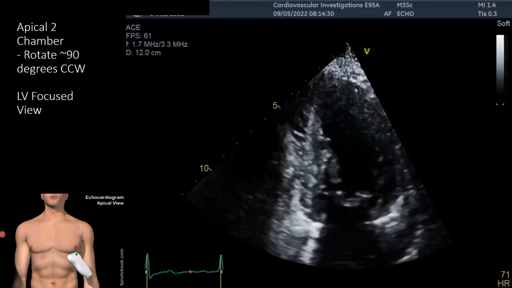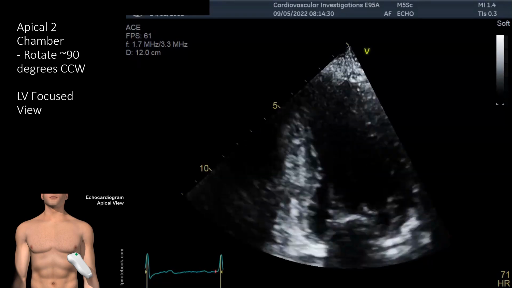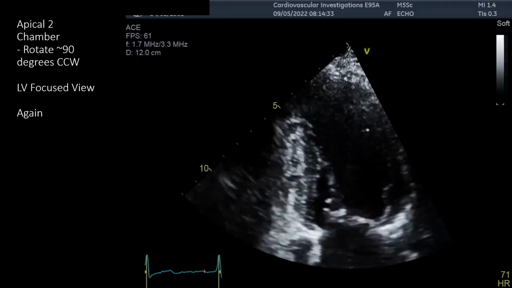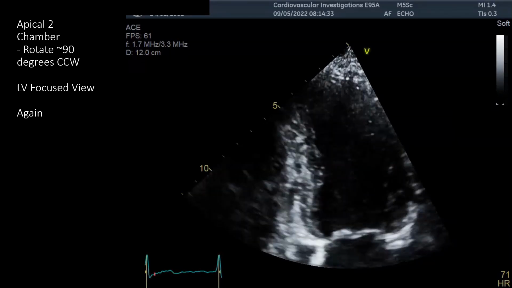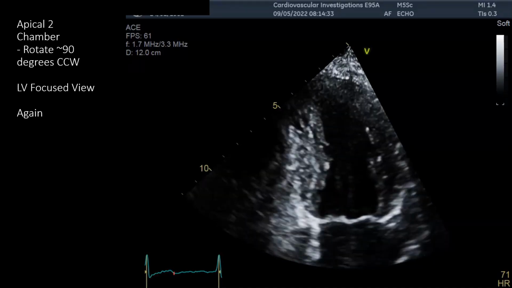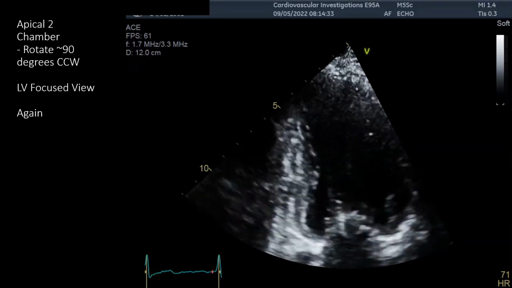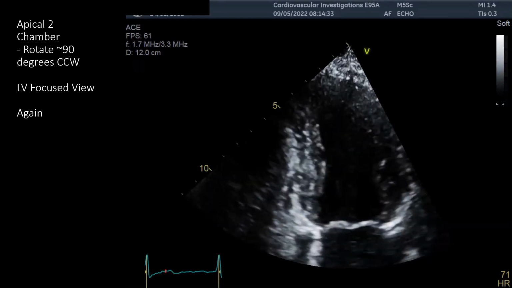In this view, we're again LV focused, so that we can use this for endocardial definition, so that we can use Simpson's method with biplane or two orthogonal views, the 4-chamber and the 2-chamber, to calculate the ejection fraction.